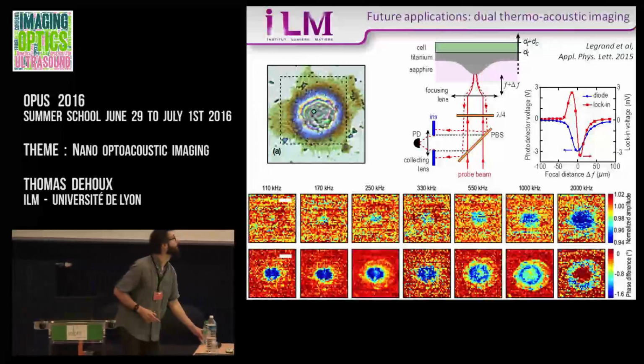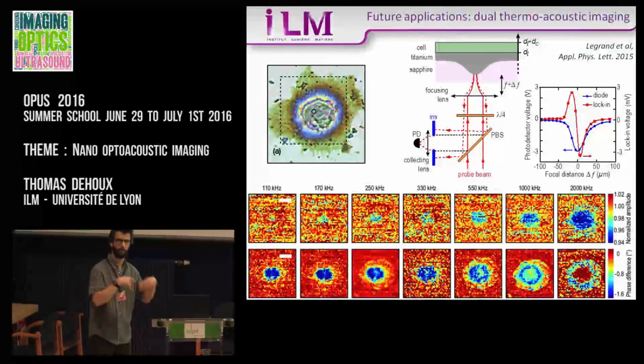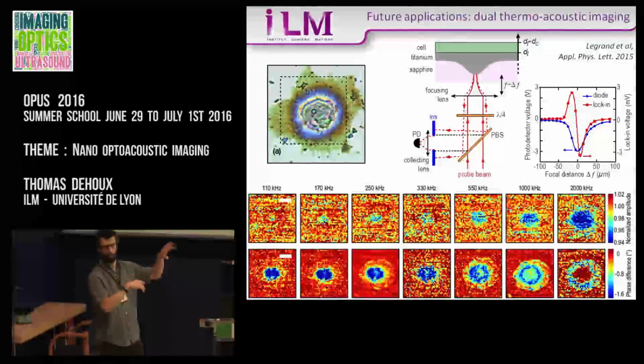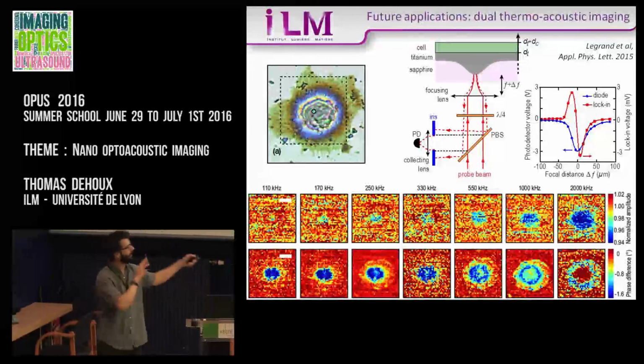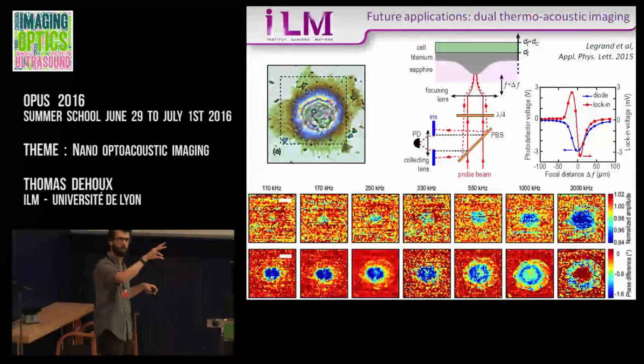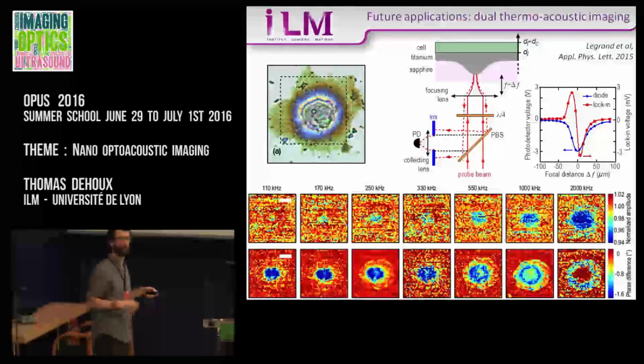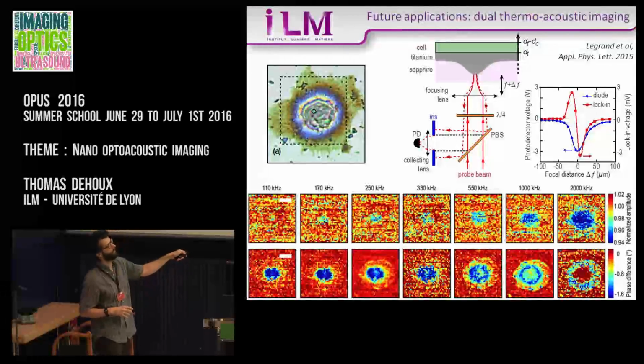No. The red one is... so we are modulating the heat with an acoustic modulator. So we are modulating the heat at this frequency, and we are probing the defocusing of the probe beam with a lock-in amplifier at the same frequency. And the red curve is the voltage on the lock-in amplifier.